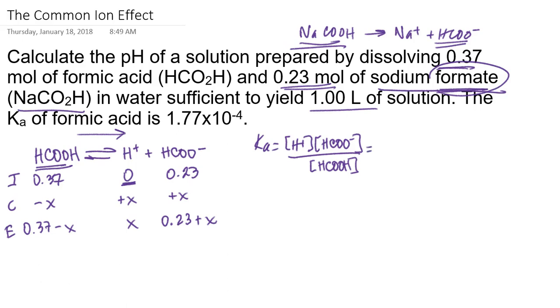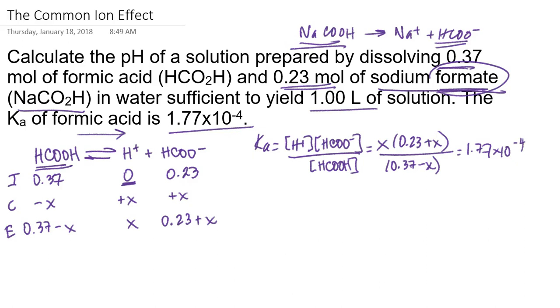And if I go ahead and insert my equilibrium concentration expressions from the ice table, I get the following. And this is all going to equal 1.77 times 10 to the negative fourth, because that was the given value for the Ka.